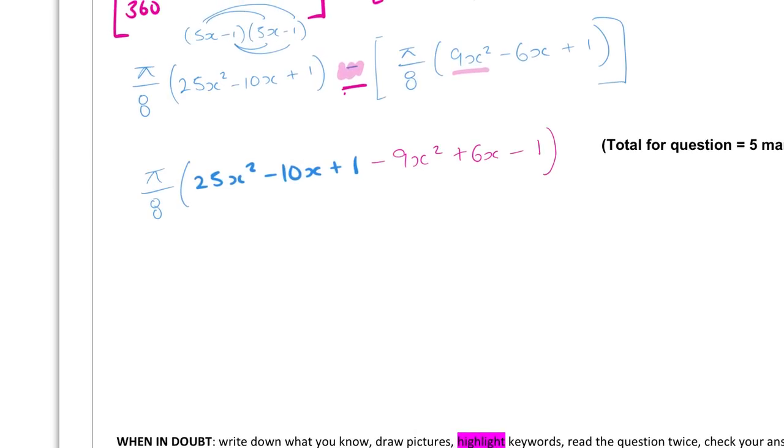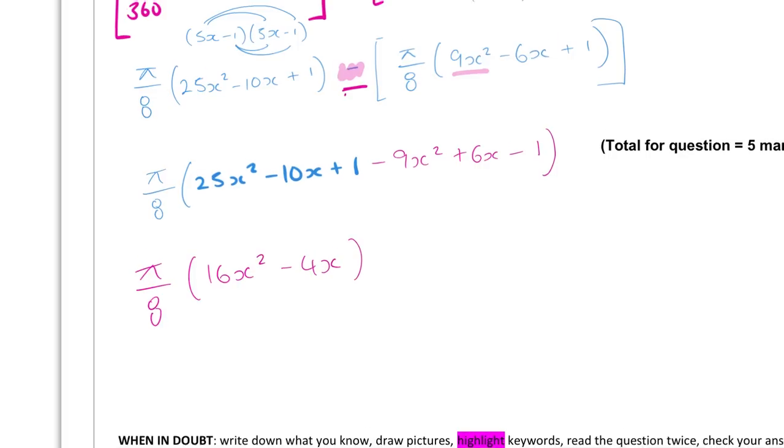So then this gives me pi over 8, bracket, 25x² − 9x², 16x², then −10x + 6x, that's −4x, then +1 − 1, gone.